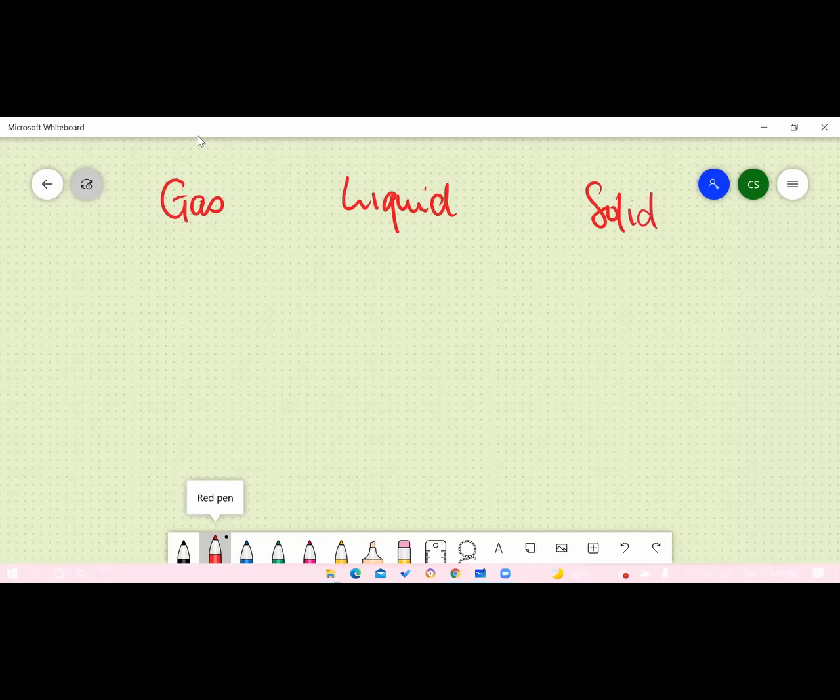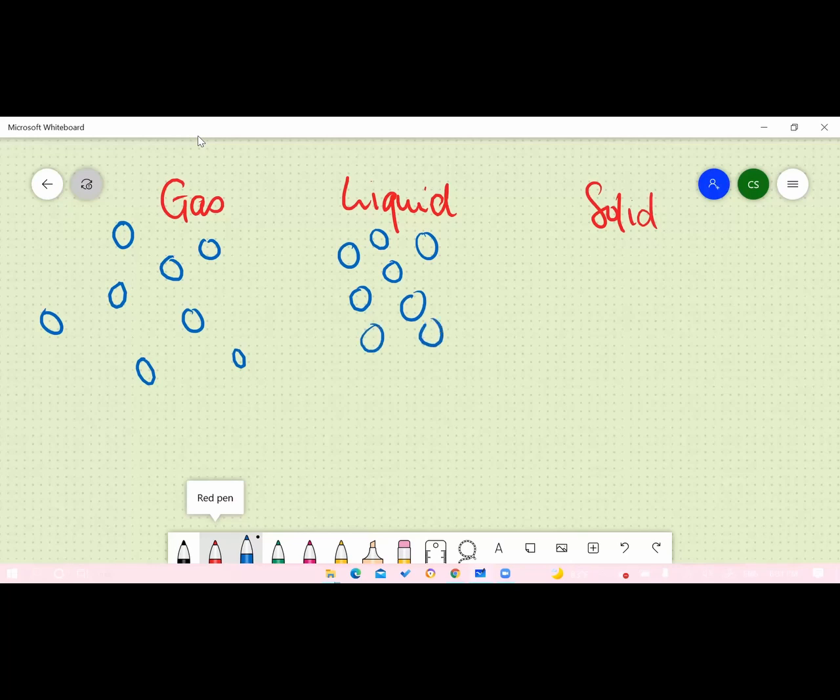Okay, so the particles in a gas are far away. Then you have liquids, where they're closer, a bit more compact. And solids, definitely in a crystal lattice, correct?